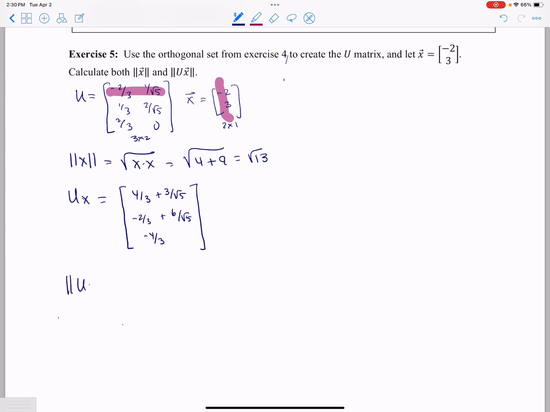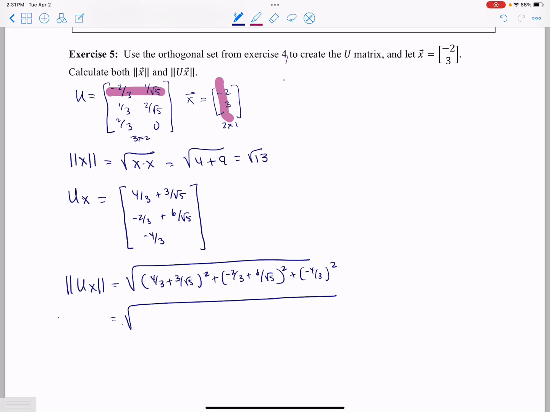Now let's calculate the norm of Ux. That's the square root of the dot product with itself. So this is going to be (4/3 plus 3 over root 5) squared plus (-2/3 plus 6 over root 5) squared plus (-4/3) squared.